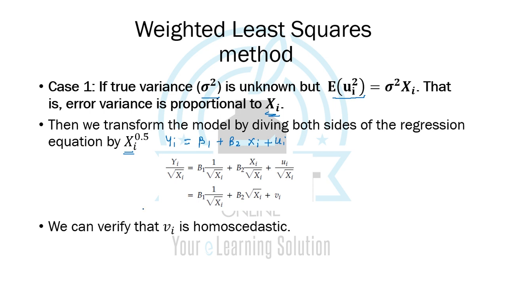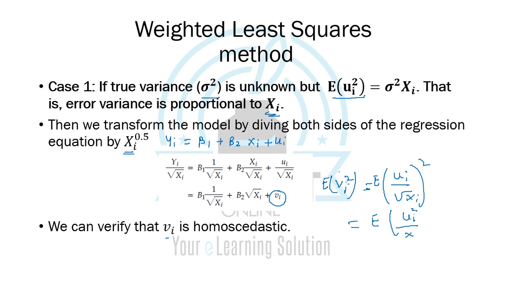Again, we can verify that the error term here is homoscedastic. So let us try that. What I want to find is the expectation of vi square, and my vi is defined as ui over the square root of xi, squared, with the expectation operator as well. So when I do that, I'll get ui square over xi.